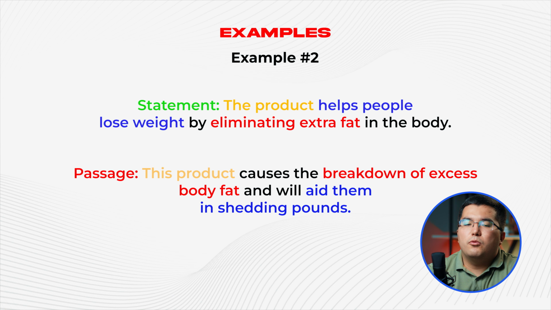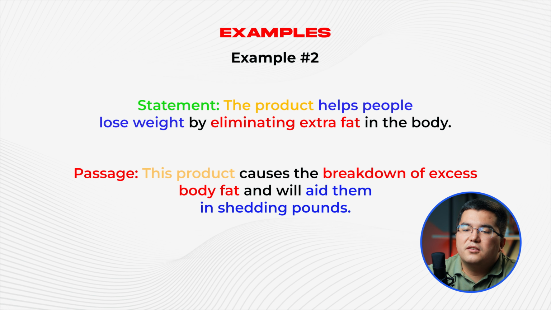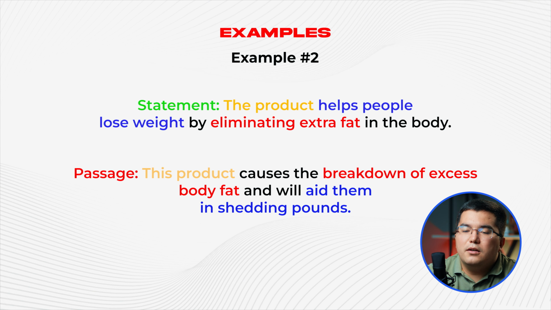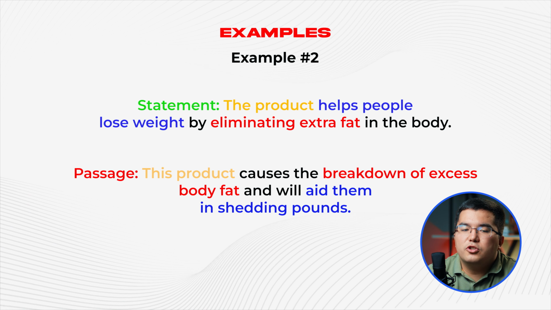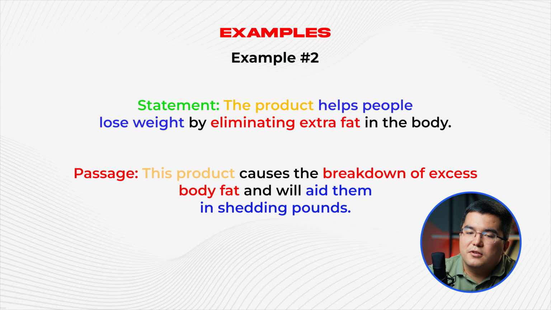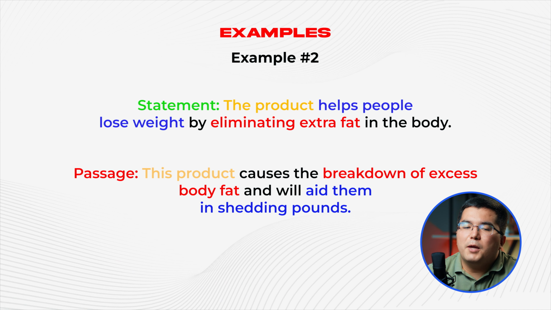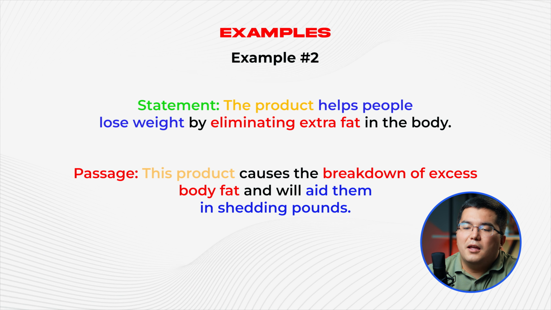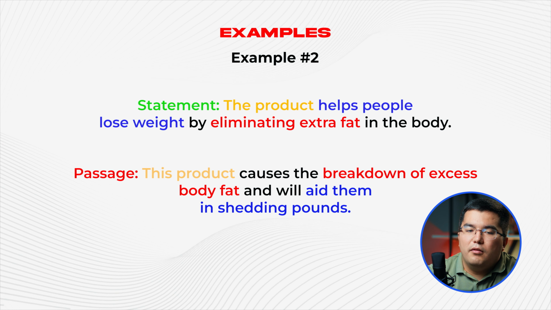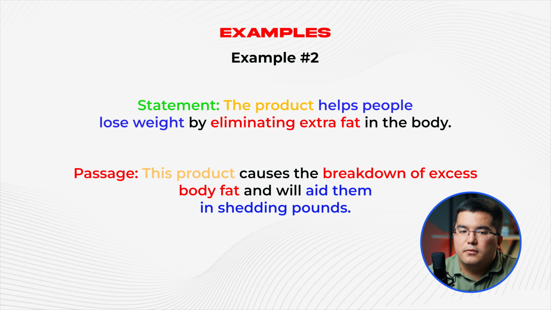What is shedding pounds? You know that some animals are capable of shedding their skin. Here, we are humans, we are not shedding skin, we are shedding pounds, kilograms. So instead of saying weight, they give you a type of weight, you see, like a measurement unit. They give you pounds. Instead of losing, they say shed.